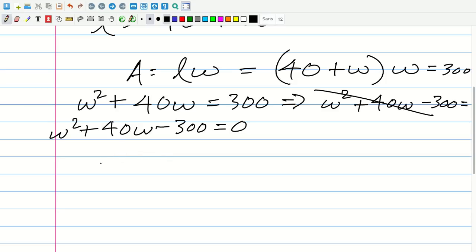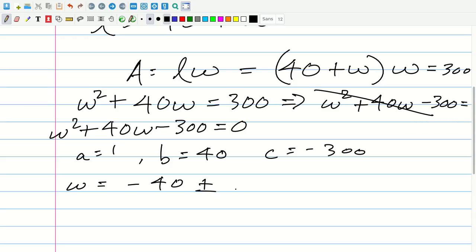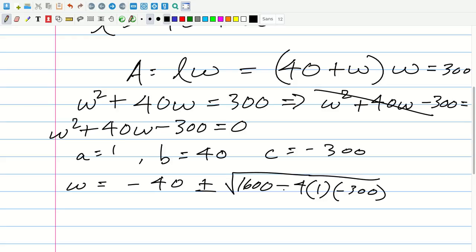So, okay, yeah, so here's what we're going to do. We're just going to do quadratic formula. So a equals 1, b equals 40, c equals negative 300. And so we are going to do w equals negative 40 plus or minus square root of 1600, that's 40 squared, minus 4 times 1 times negative 300, all over 2.